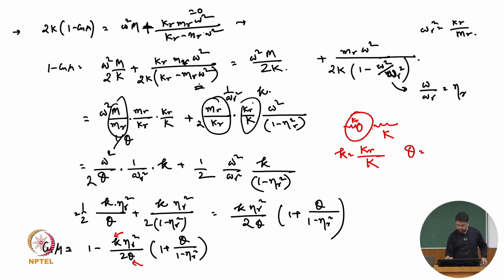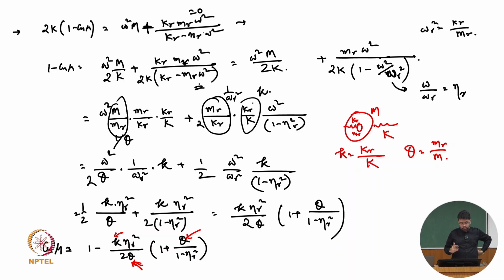Theta is the mass ratio, that is Mr divided by M. So these become your system parameters. Once you have fixed a system, these parameters become constant.